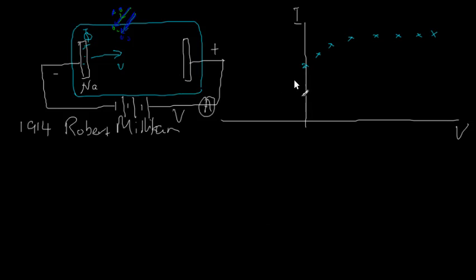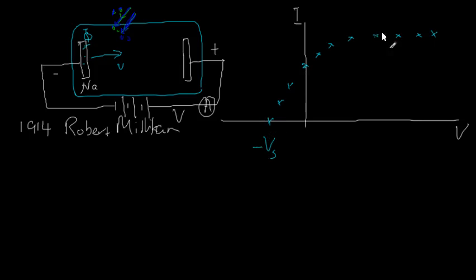So as the reverse voltage is increased, the current would decrease until eventually there must be a value where the electrons will stop when they just reach this plate, and that would be the stopping potential, which we call Vs. Put a minus sign here to represent the reverse voltage.